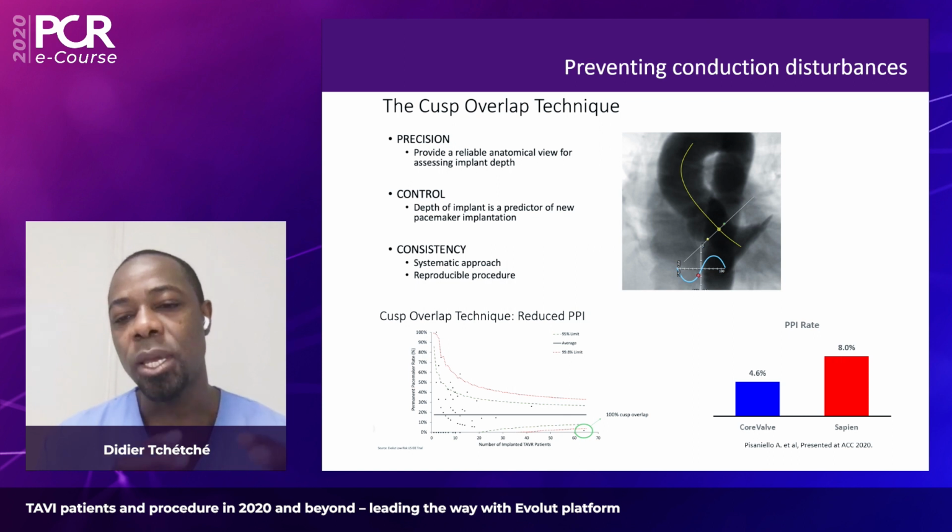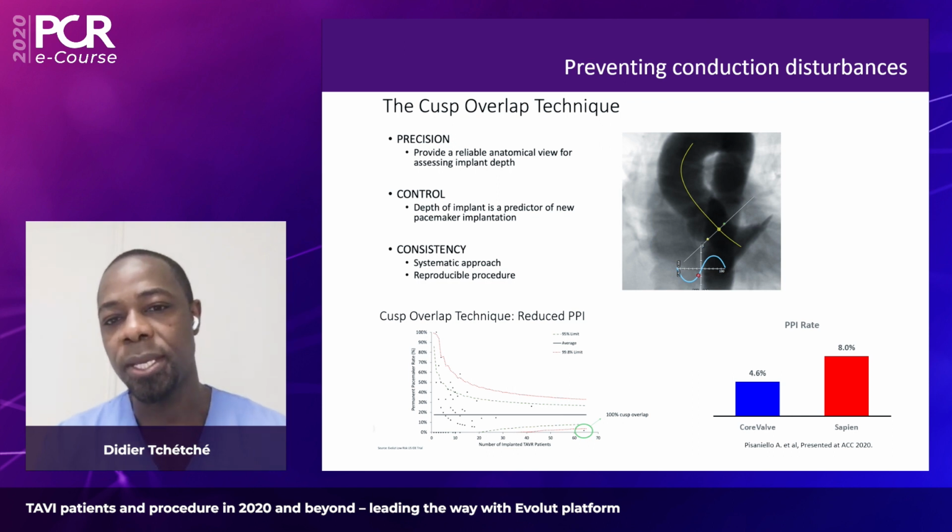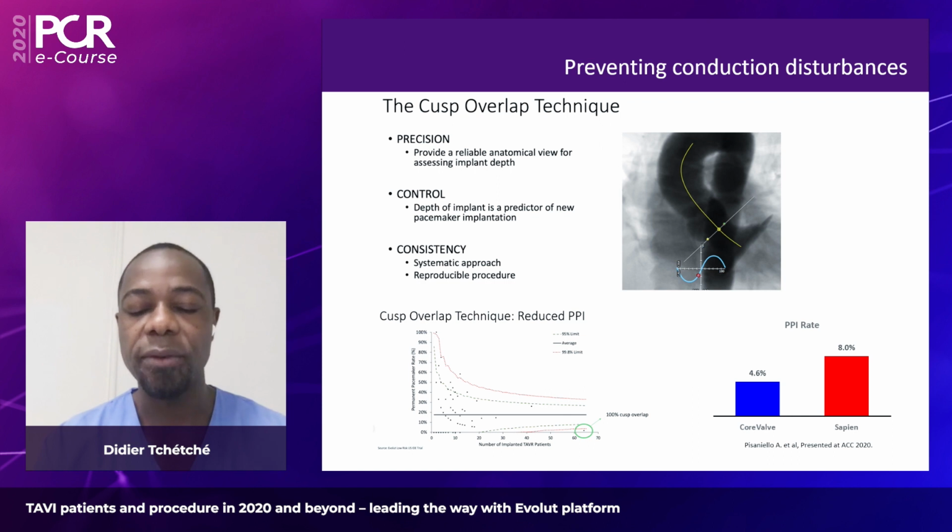The idea is to get both in the same plane, the annulus and the ring of the capsule, everything aligned without any parallax. This is going to provide precision in terms of deployment, control of the final depth of implant, and it also provides consistency in terms of reproducibility of the deployment, particularly with the self-expanding Evolut.